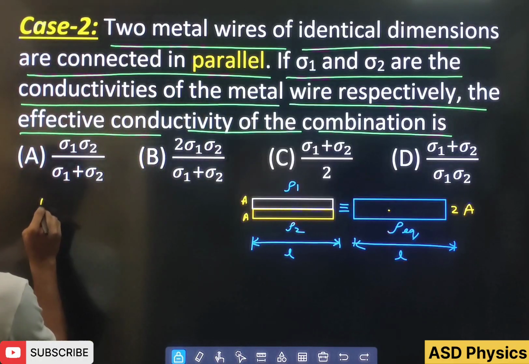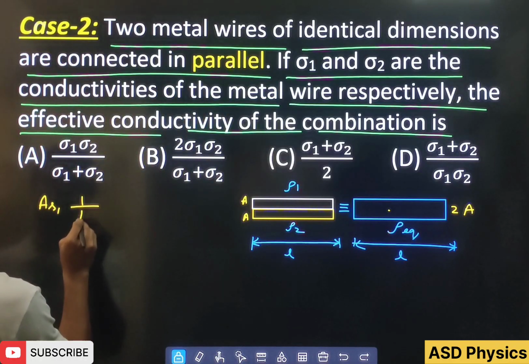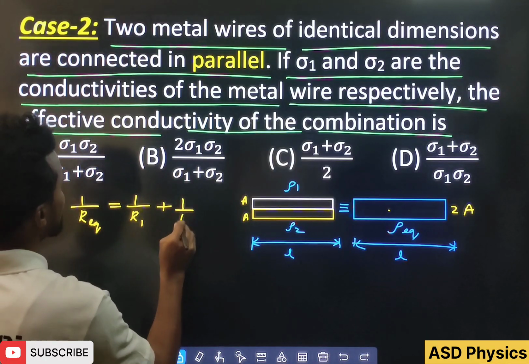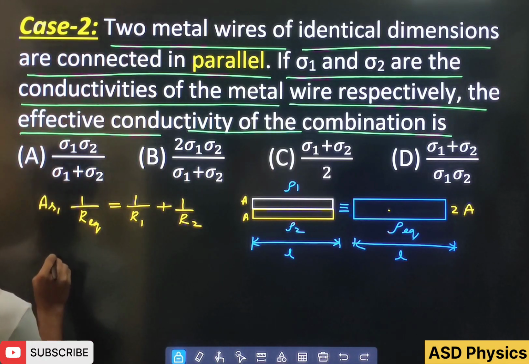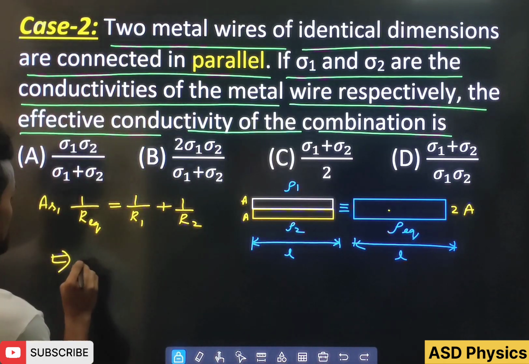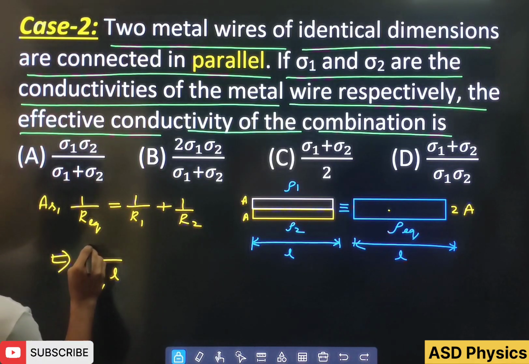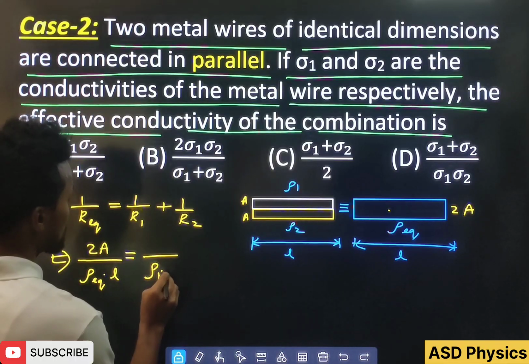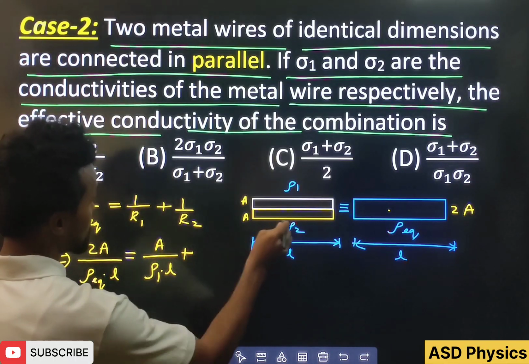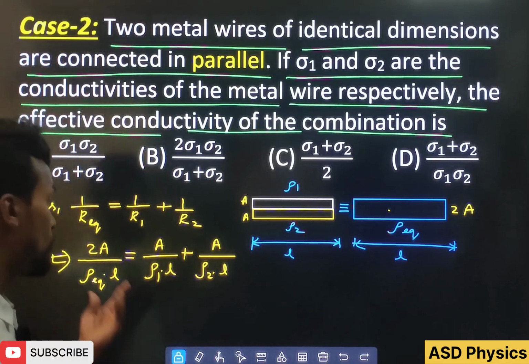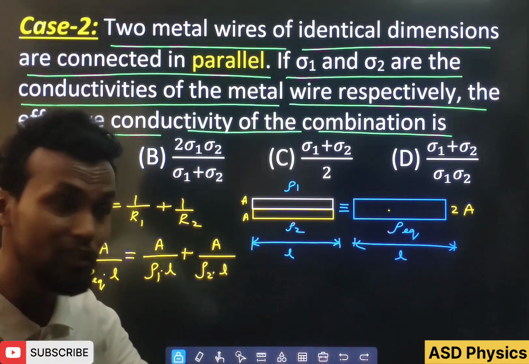Now for the parallel combination, we know the formula: 1 by R equivalent is equal to 1 by R1 plus 1 by R2. And you know R equals rho L by A. So we can write rho equivalent into L by 2A, so 2A goes up in the numerator, equals 1 by R1, which is rho 1 into L by A, plus due to the second one, rho 2 into L by A. On both sides A by L will cancel out.